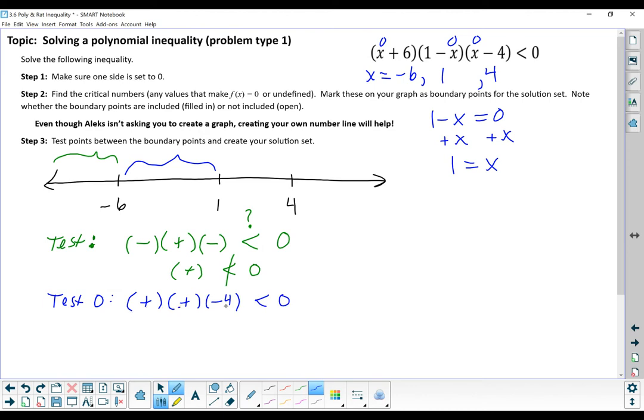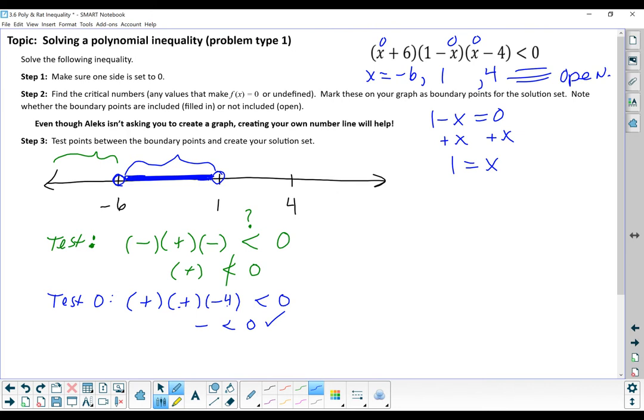We have 2 positives multiplied by a negative, so that is a negative number. It is less than 0, so this is part of our solution space. Now, I set up my number line, but I never filled in my ends. These would be open circles on each end because it is strictly less than 0.